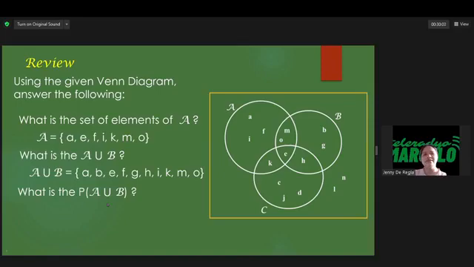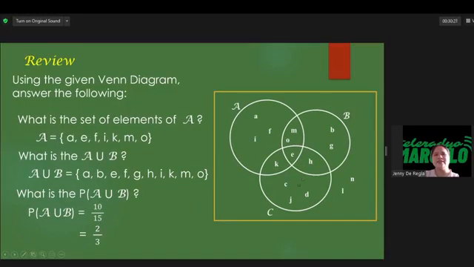So the probability of A union B is equal to 10 over 15 or 2/3, since our A union B has 10 letters and our sample space is equal to 15, all the letters inside the box.